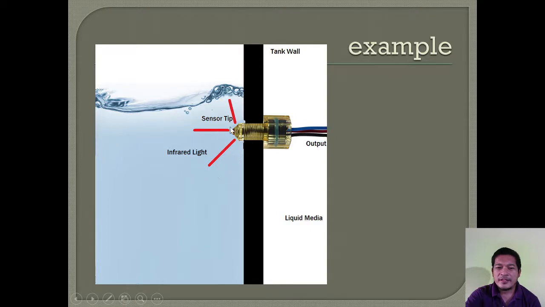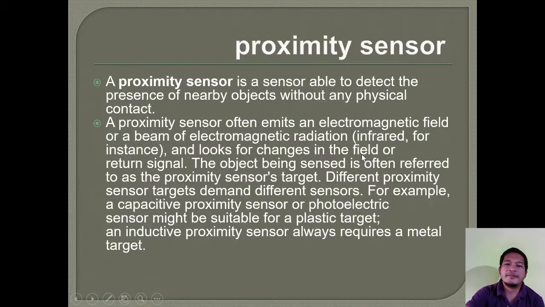We have the sensor tip, and we have here the infrared light, the liquid media, and the tank wall. If the water reaches this part, the water pump will probably stop. Then when the tank is almost empty, the water pump will turn on. So just like that is the concept of level sensors.